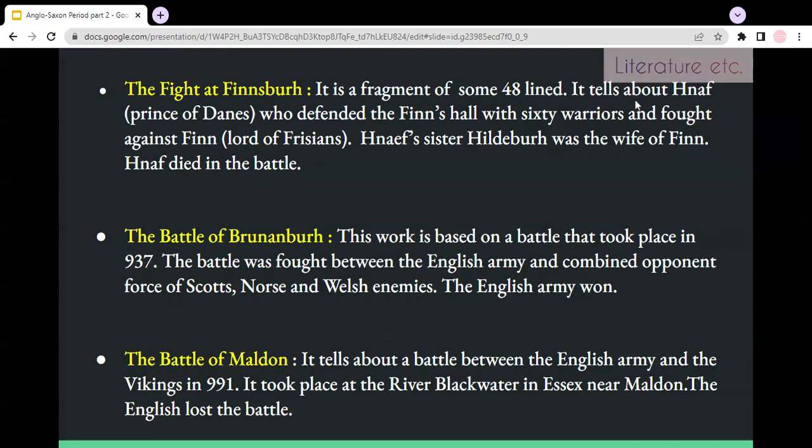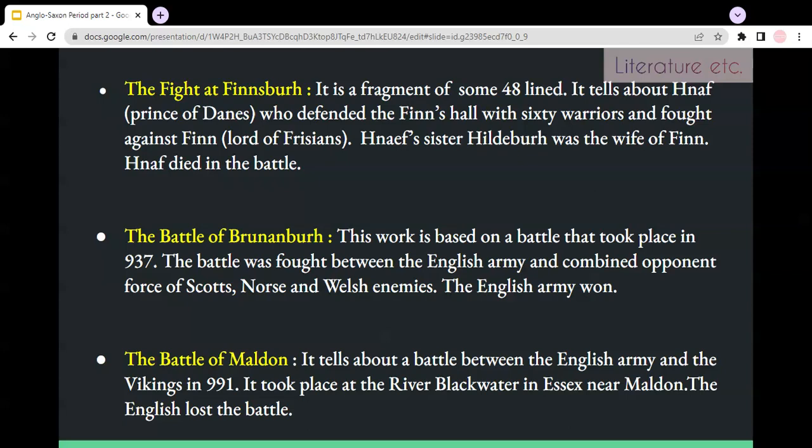It tells about Hnaef, the prince of Danes, who defended the hall with 60 warriors and fought against Finn, who was the lord of Frisians. So the fight was between Hnaef, the prince of Danes, and Finn, the lord of Frisians. Now there is a twist: Hnaef's sister Hildeburh was the wife of Finn. So Hildeburh was the wife of Finn, who also happened to be Hnaef's sister.